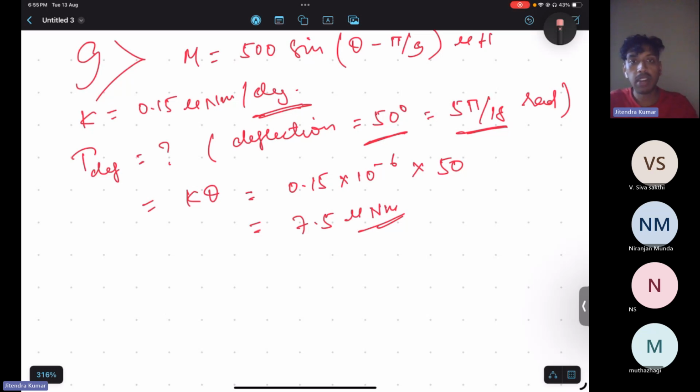Those who have marked C or A, we can discuss it on the discussion forum, because it was a single choice question, not a multiple choice question. If it were a multiple choice question, then option A and option C both should be correct.